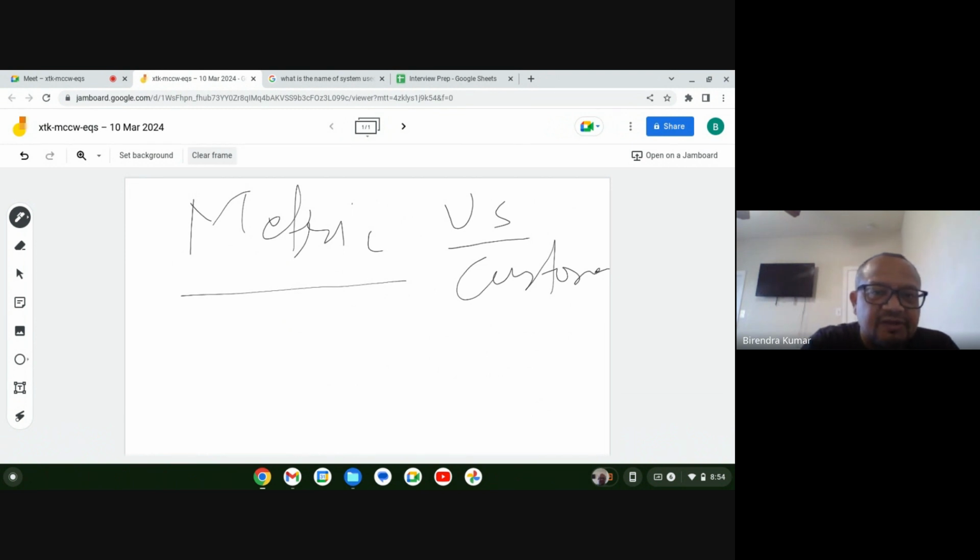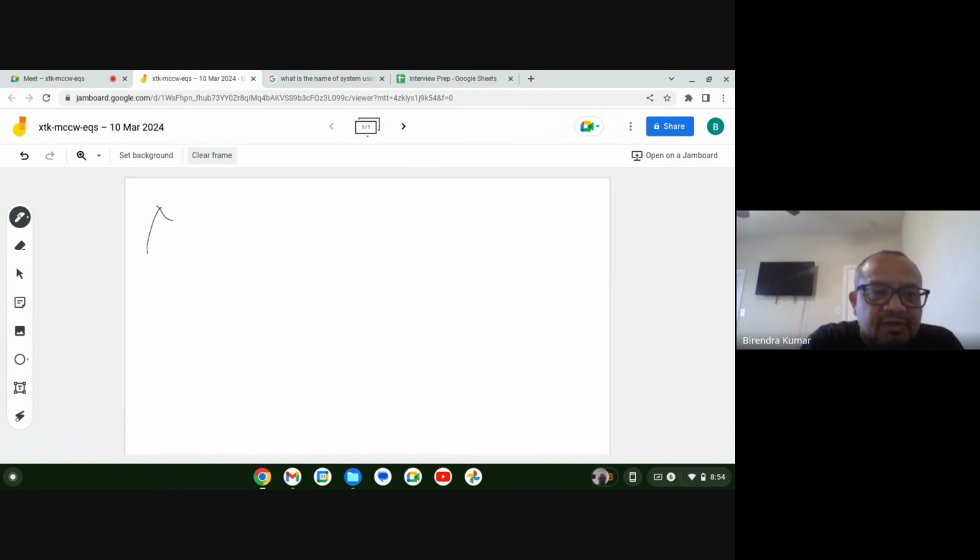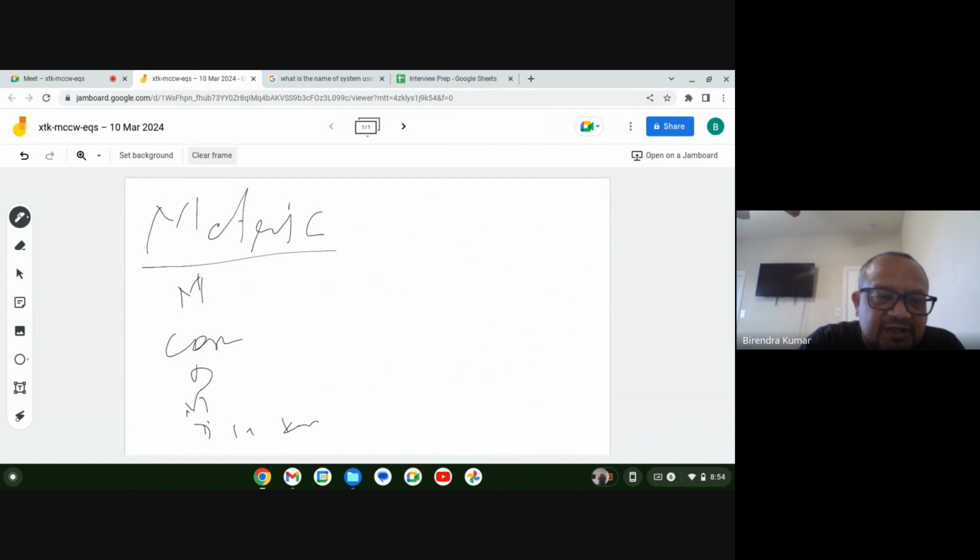So yesterday we looked at the metric system, where we talked about the song: millimeter, centimeter, decimeter, meter, decameter, hectometer, and kilometer.